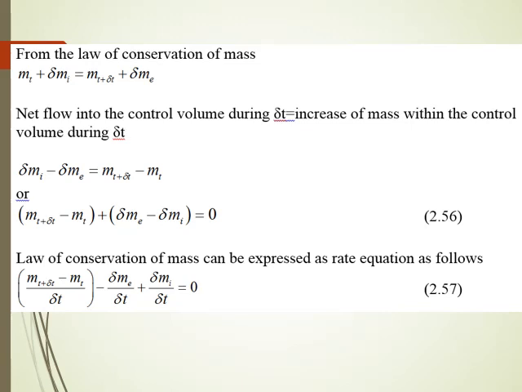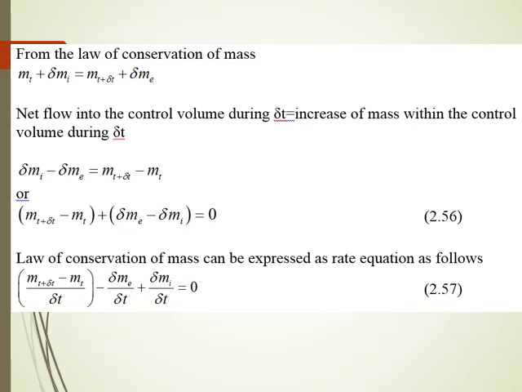So that is delta m_e. If you want to know the net flow into the control volume, the net flow into my class, then that is delta m_i minus delta m_e. That is, there is a net change of 5 students because 7 have entered and 2 have left. So the net change in the class is that of 5 students.